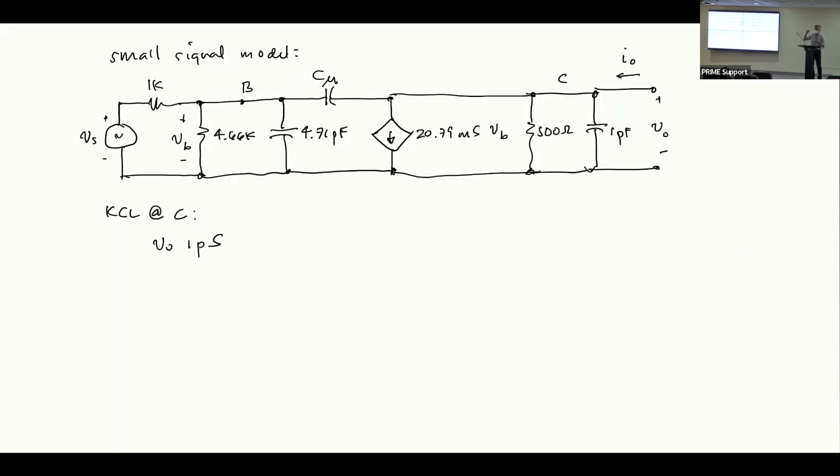So it's just V_O times sC, so V_O times 1pS. My current going down here is V_O over 500. But V_O over 500 is V_O times 2m, because 1 over 500 is 2m. So this is plus V_O multiplied by 2m. And then I have my current here, okay, plus 20.79m V_B.